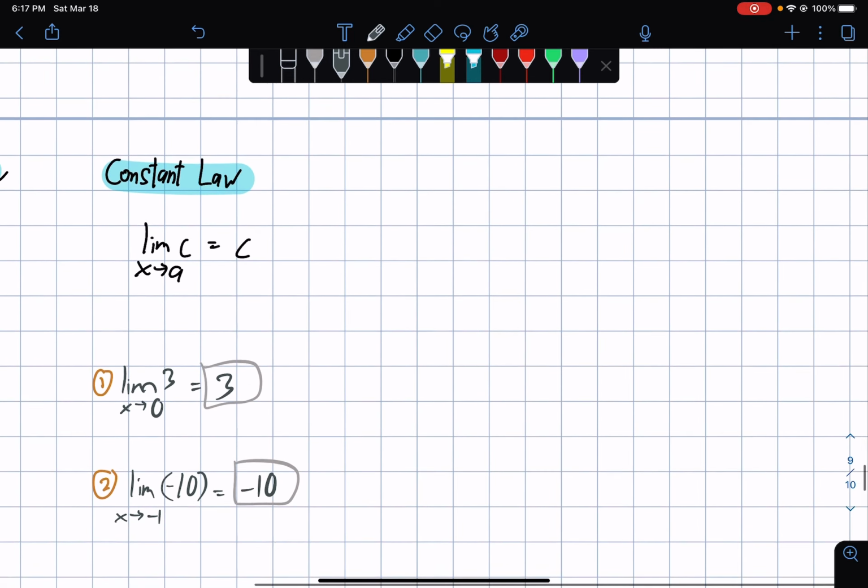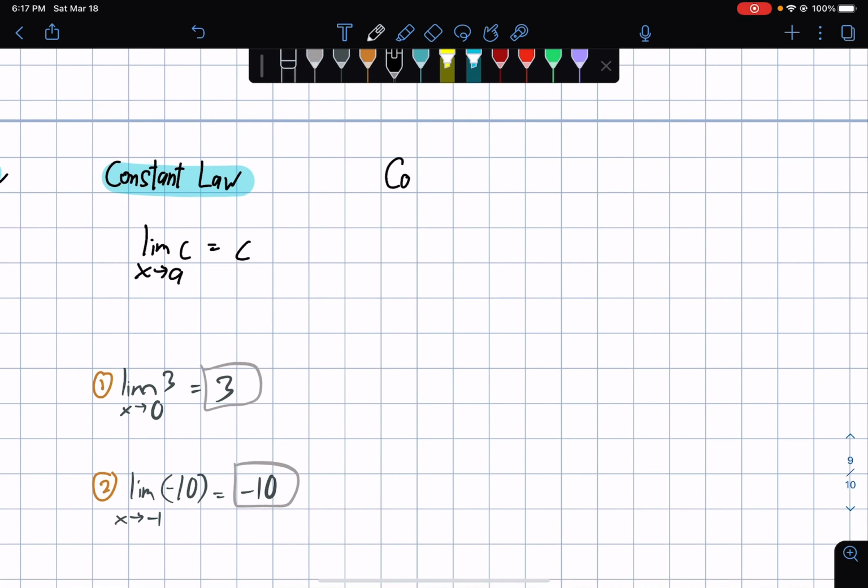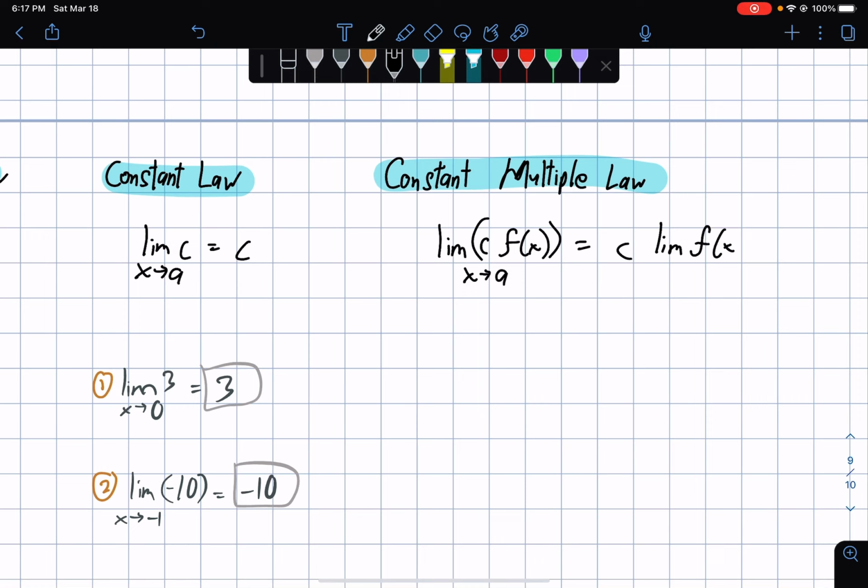Alright, our next law is the constant multiple law. Here, lim c times f of x such that x approaches a is equal to c times lim f of x such that x approaches a.